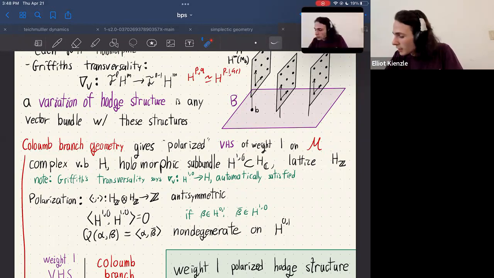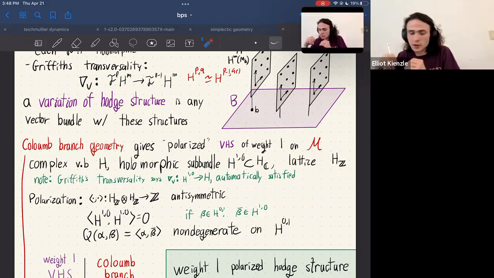We're also going to make it an integer Hodge structure by specifying a lattice. And we don't have to worry about Griffiths transversality because it's automatically satisfied, because the only place that our smaller filtration, our subbundle, can go is to the whole thing, which is what it needs to do. So essentially, we don't have to worry about this.